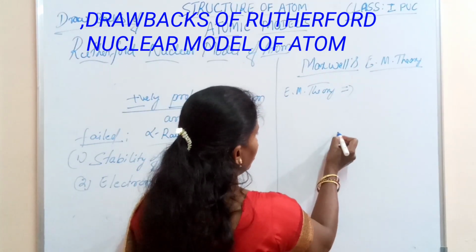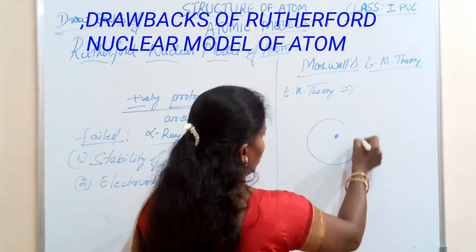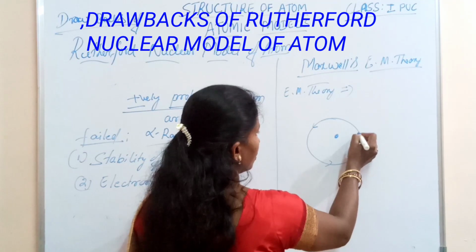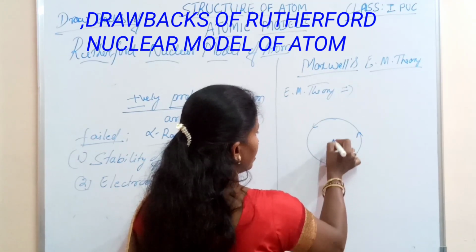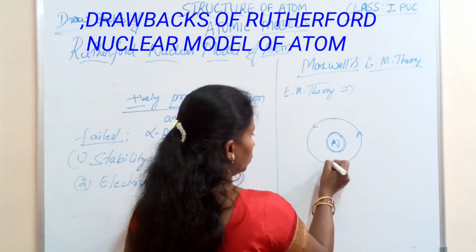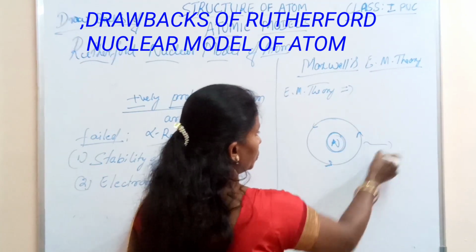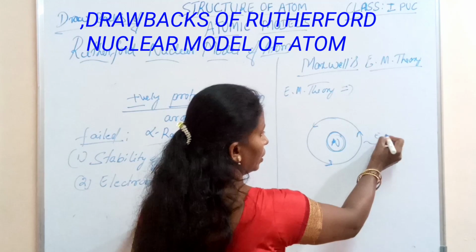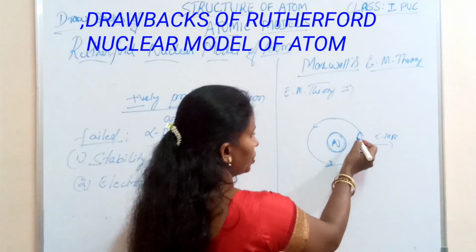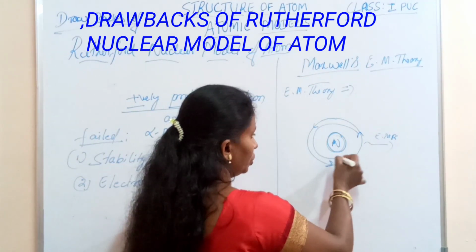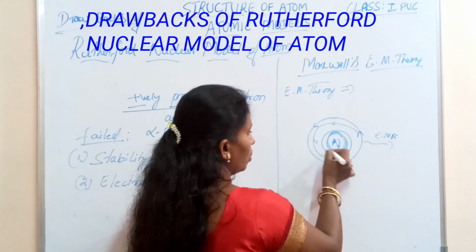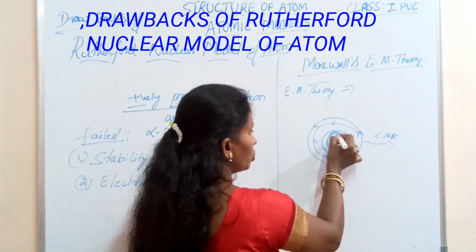Now the electron, which is a charged particle, when it revolves around the nucleus, should, according to electromagnetic theory, emit radiation in the form of electromagnetic radiation, and it has to lose its energy and spirally come closer to the nucleus and then fall into the nucleus.